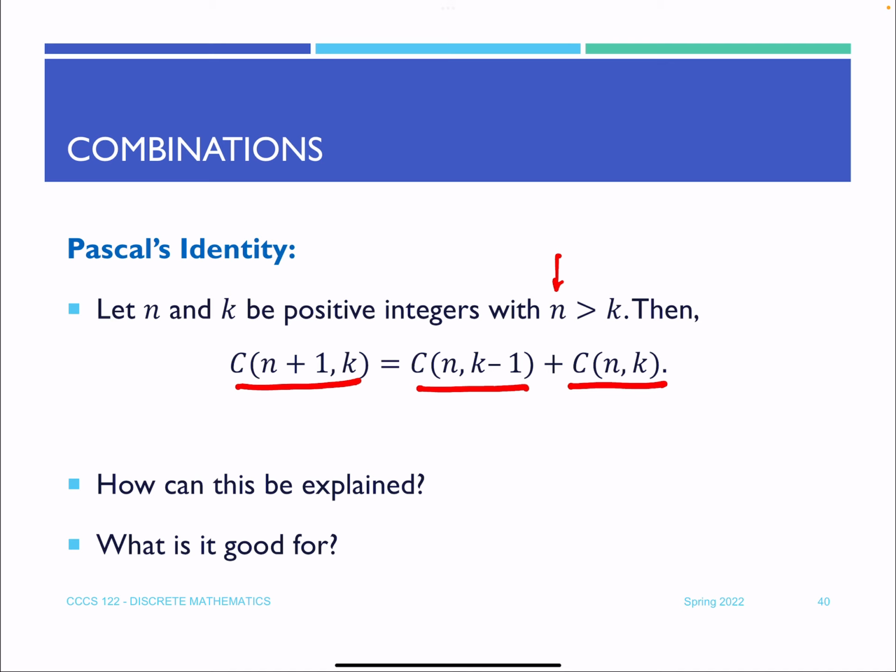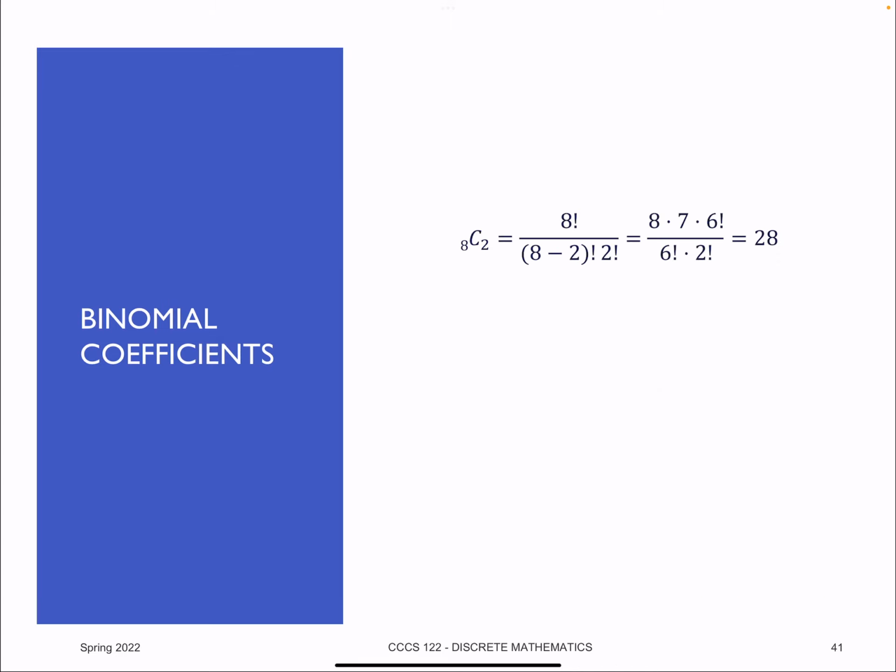Okay, it looks pretty abstract. Let's see if we can explain this a little, or prove it perhaps. So, say we have 8C2, choosing 2 from 8.